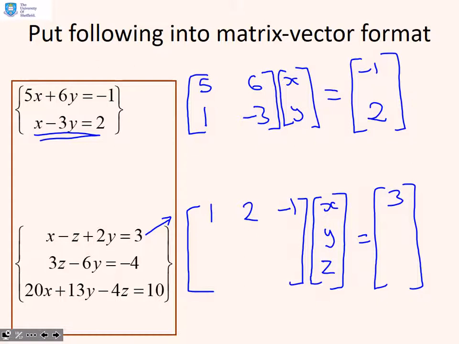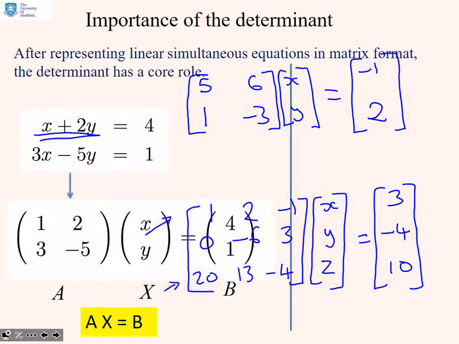In the second row I get no x, minus 6y, plus 3z equals minus 4. And for the final equation, I get 20x, 13y, minus 4z equals 10. So we're going to expect that you can take linear simultaneous equations and write them in matrix vector form.